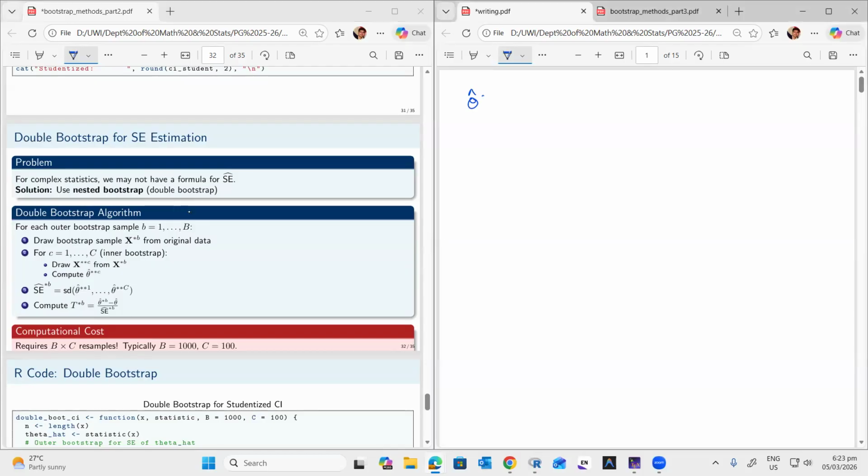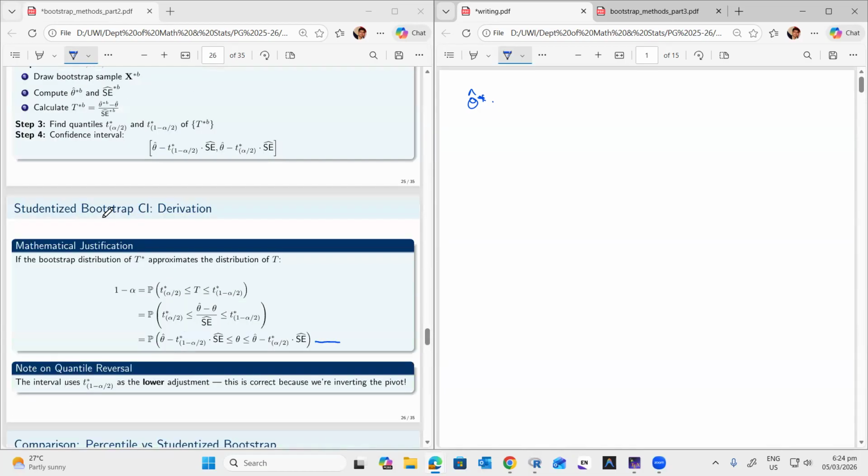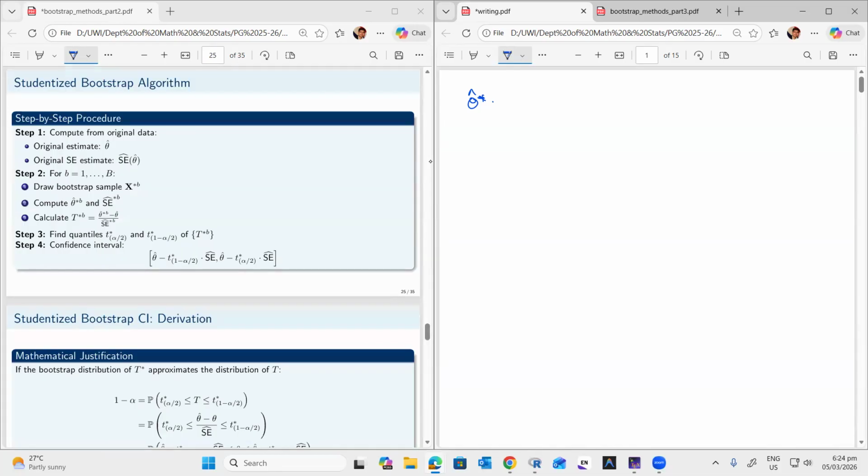Typically we use a simple formula, the sample standard deviation of the bootstrap distribution. But this estimate is random and may sometimes be unstable, because we generate samples again and again, and for each sample we calculate the estimated standard error.